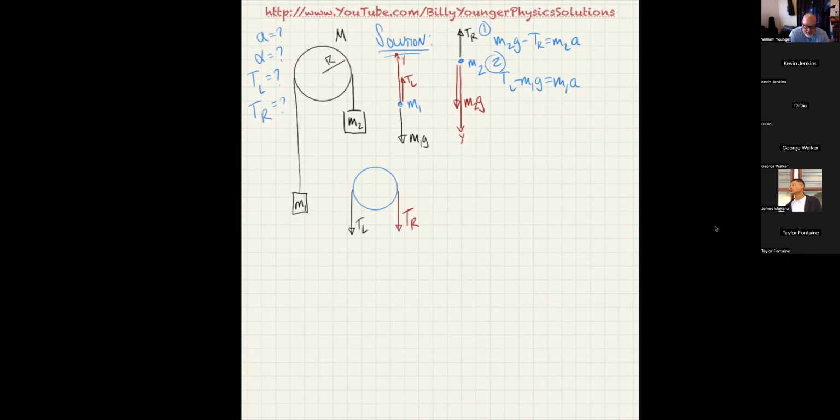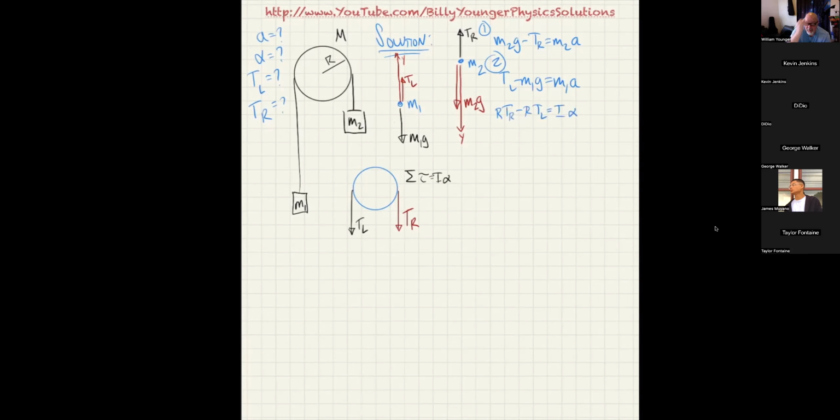These tensions are perpendicular to the lever arm, so T times R times the sine of theta is just T times R. So I get equation 3 from the summation of the torques equals I times alpha: R times T right minus R times T left is equal to I times alpha.